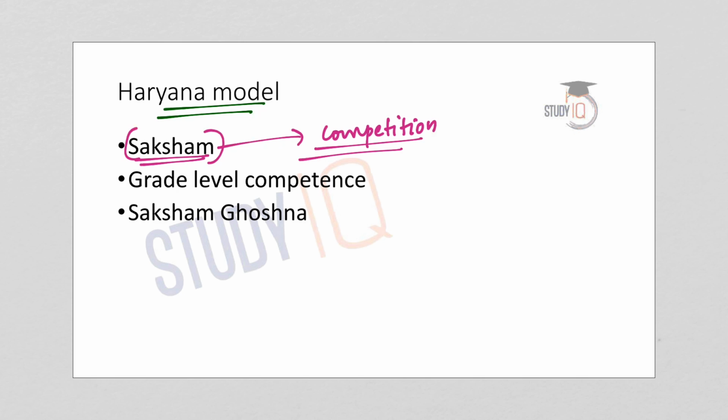This means that the administrative block should have 80% or more students who are grade level competent, that is, the appropriate level of competence for a particular grade. If an administrative block attains this 80% target, that block will be called a Saksham. In order to get this title, there is a competition among various administrative blocks.